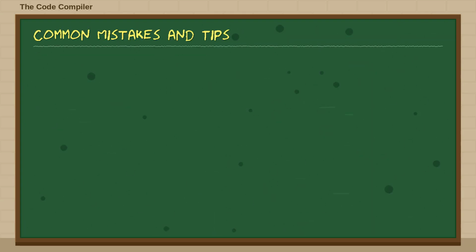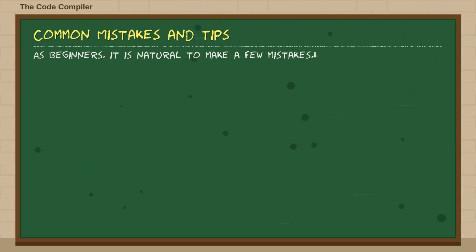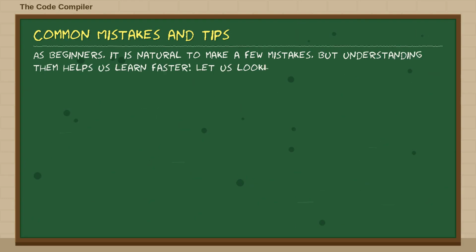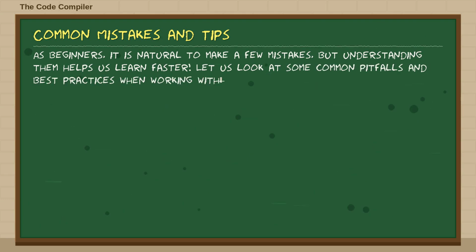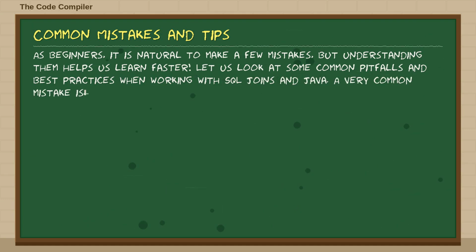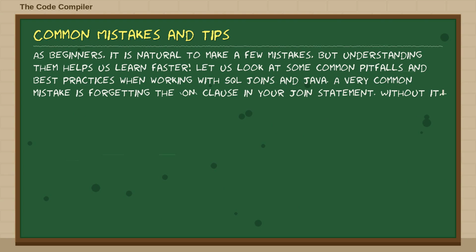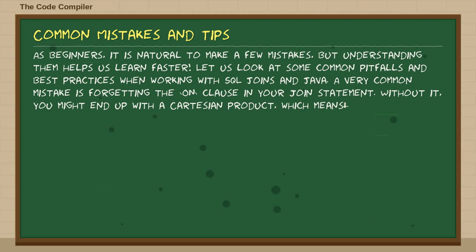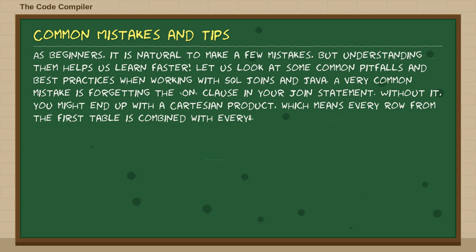As beginners, it is natural to make a few mistakes, but understanding them helps us learn faster. Let us look at some common pitfalls and best practices when working with SQL Joins and Java. A very common mistake is forgetting the ON clause in your join statement. Without it, you might end up with a Cartesian product, which means every row from the first table is combined with every row from the second table, leading to a huge, often incorrect, result set.